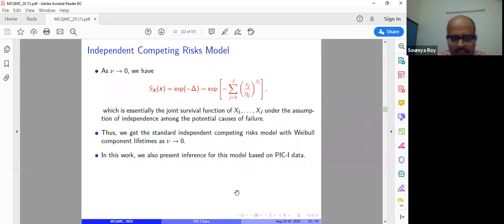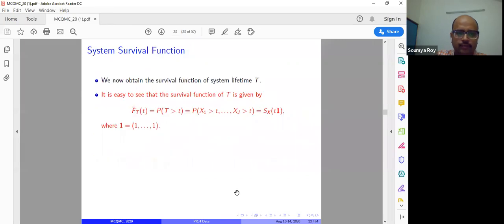What is interesting to note is that as nu, the variance, goes to 0, the joint survival function gives us the independent competing risk model, right? So the standard independent competing risk model can be obtained as nu tends to 0. In this work, we consider both the independent competing risk model as well as the dependent competing risk model, since the independent competing risk model can be thought of as a special case of the dependent competing risk model.